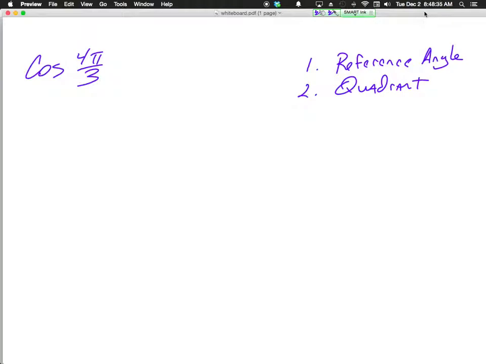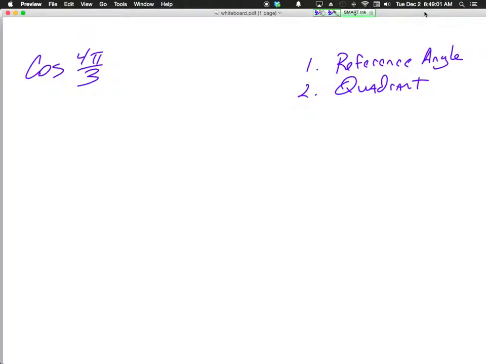Which ones do you have memorized? 30. It's going to be a special angle. So if I'm asking you to evaluate a trig function without a calculator, your reference angle is going to end up being a special angle. That will help you, because that makes finding your reference angle easier: you know it's got to be one of three numbers.